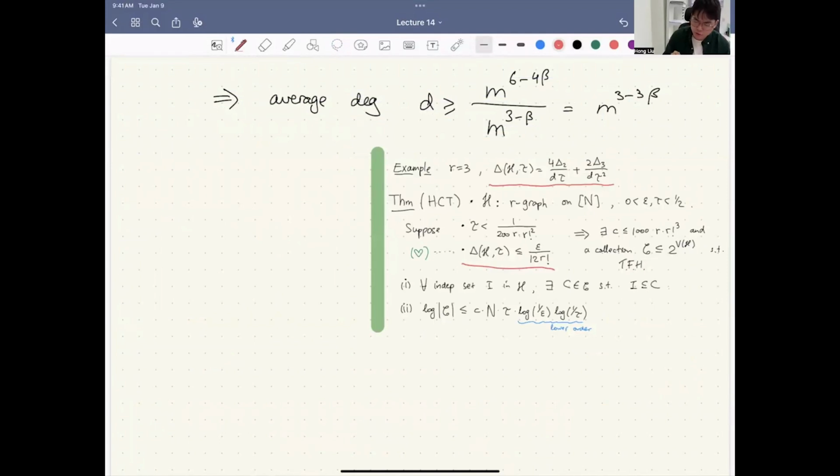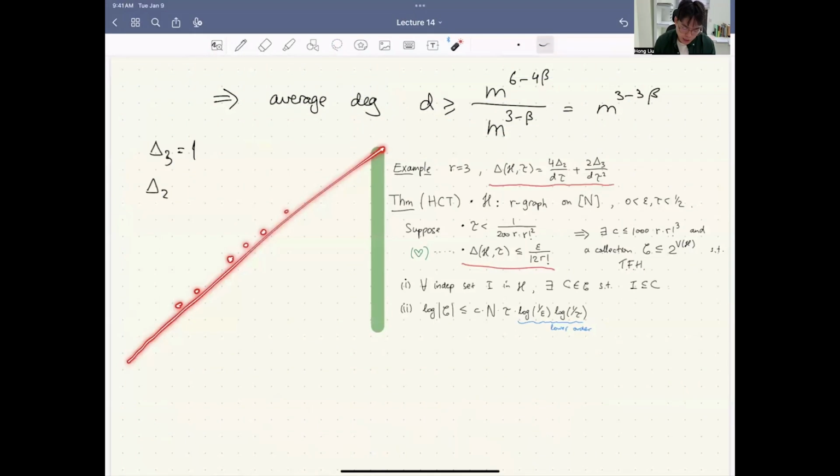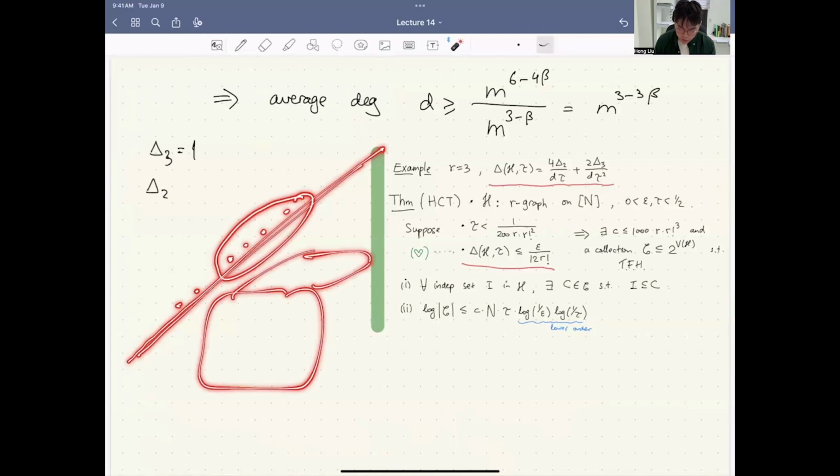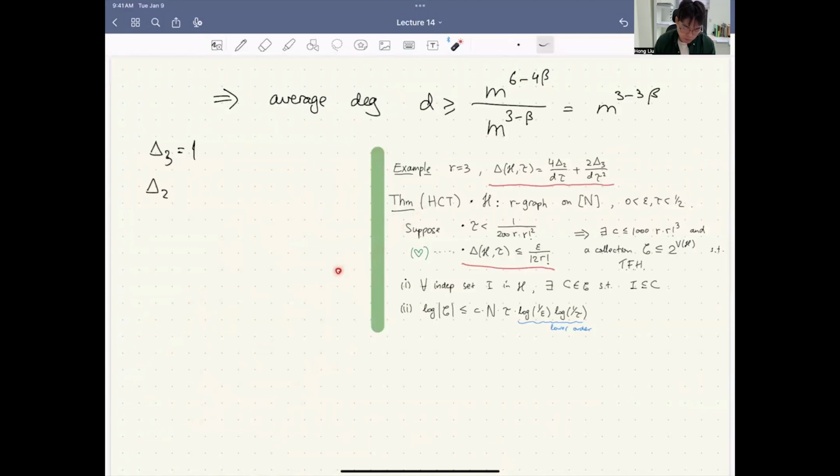So what is delta 2 and delta 3? Let's compute. Delta 3 is 1. This is easy because it's 3 uniform. What's delta 2? Delta 2 means for any 2 points, how many hyperedges contain them? Hyperedges are all the collinear triples. And this is trivially m, because every line through this cube of size m has at most some linear in m many points. So it's less than or equal to m.